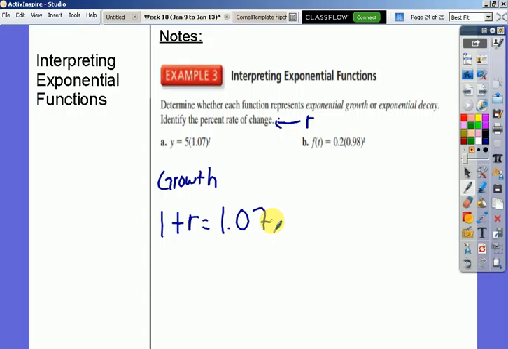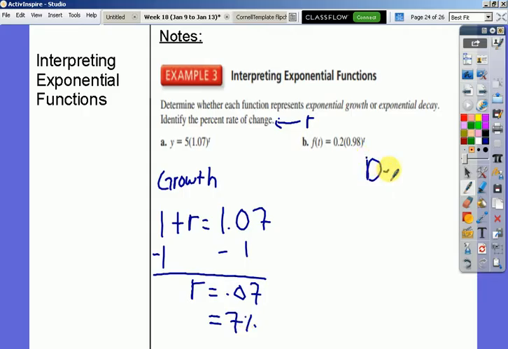That's our growth factor, and we just subtract 1. So what's our percent rate of change here? Yeah, and expressed as a percent, it'll be 7%. Does that make sense?